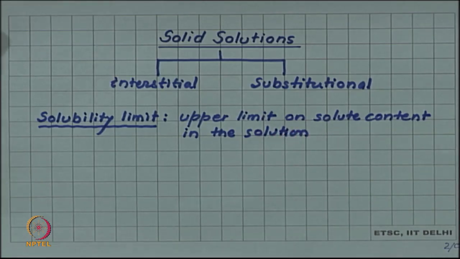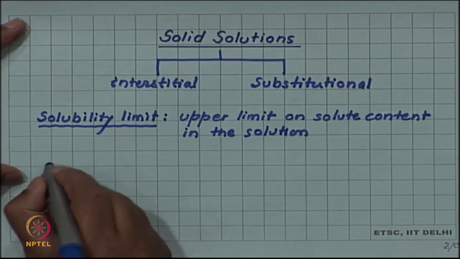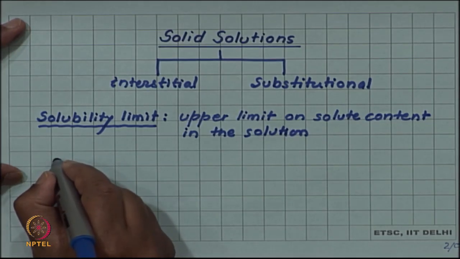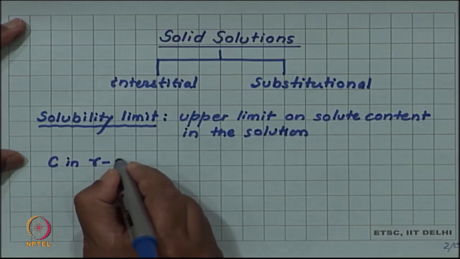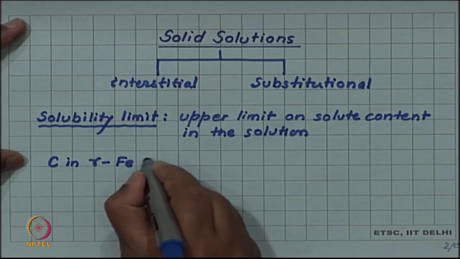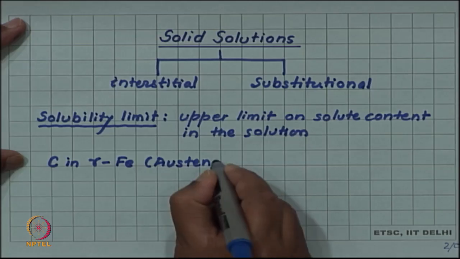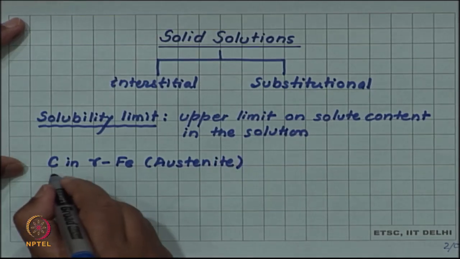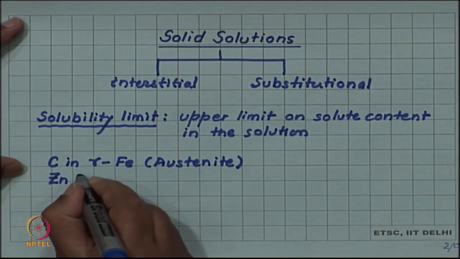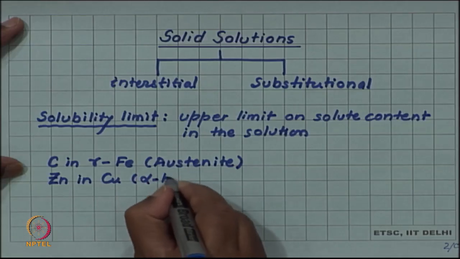But we saw that there are two types of solutions, some solutions show this upper limit. So, for example, carbon in gamma iron, which we call austenite, or zinc in copper, which we call alpha brass.